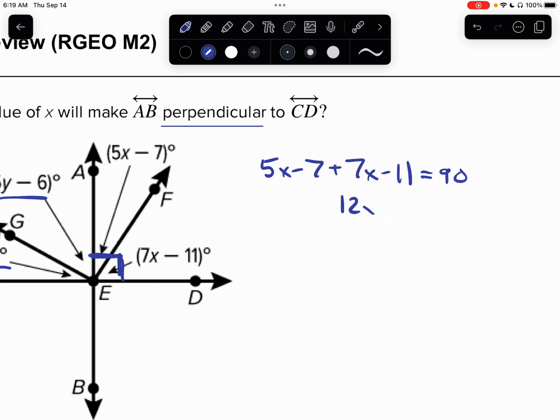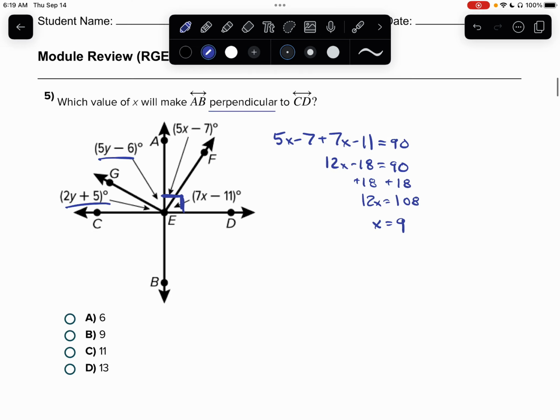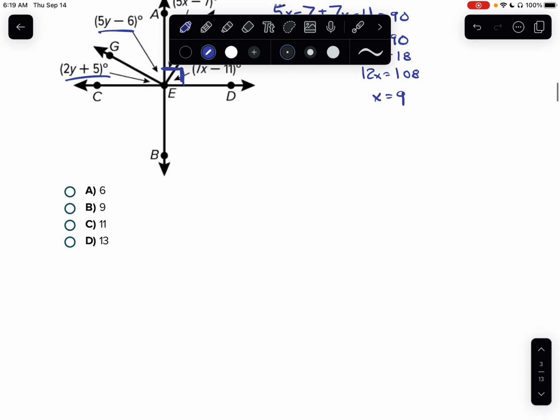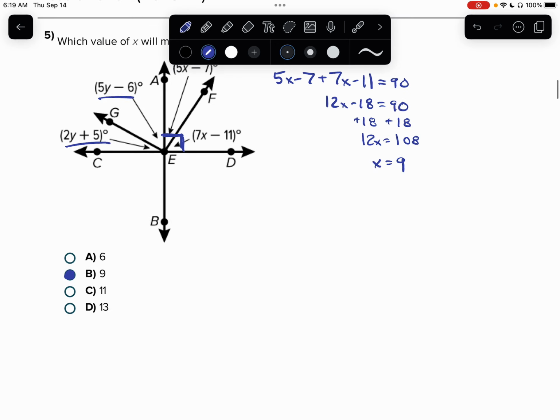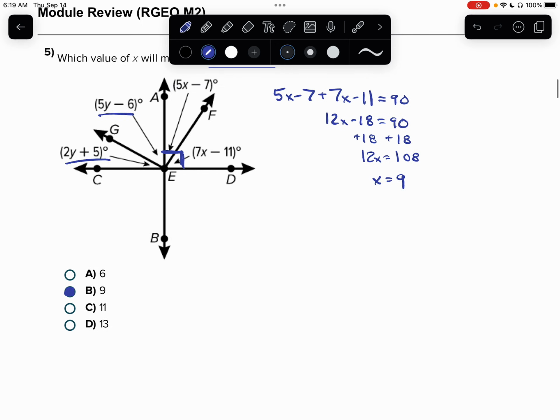That gives me 12x minus 18 equals 90. Add that 18 to both sides. That gives me 12x equals 108. Then divide both sides by 12, and we're going to get x equals 9. So there it is, B. Okay, moving on.